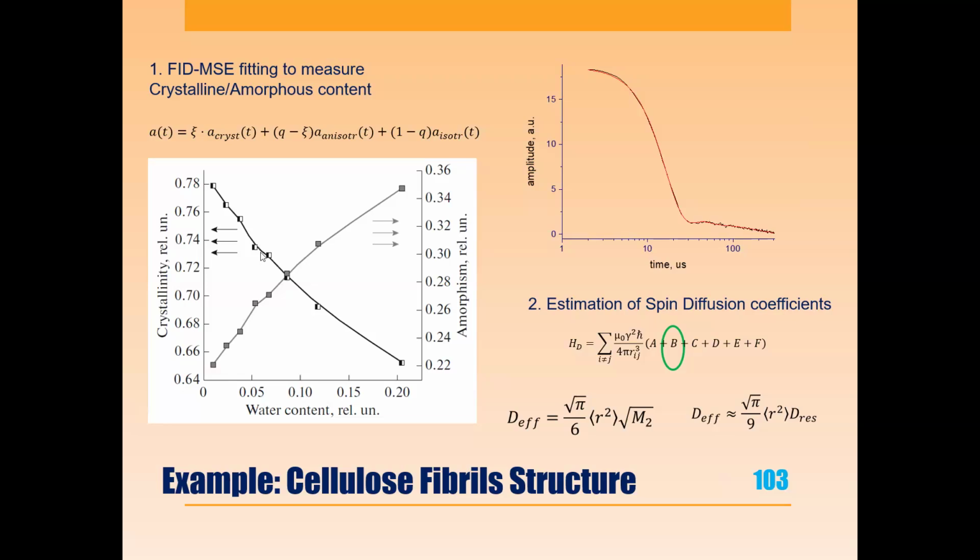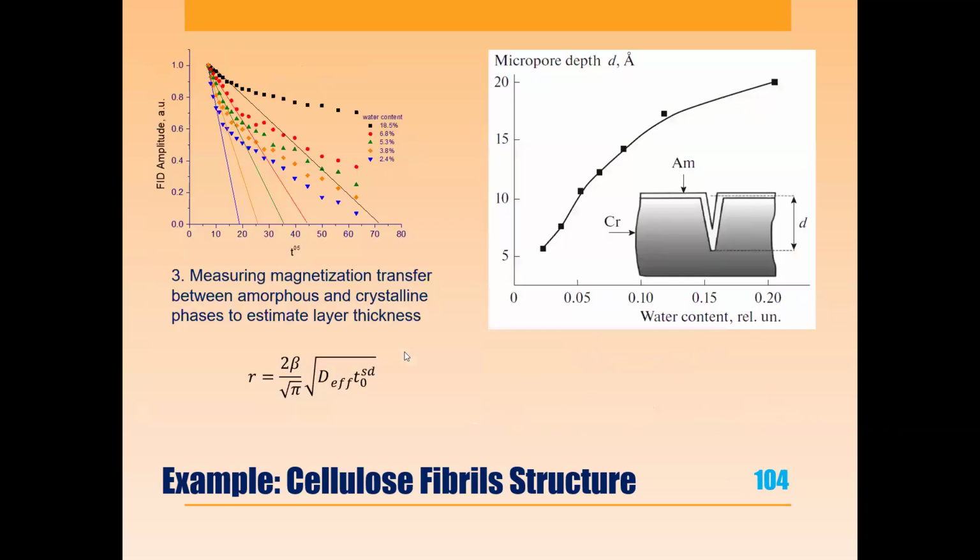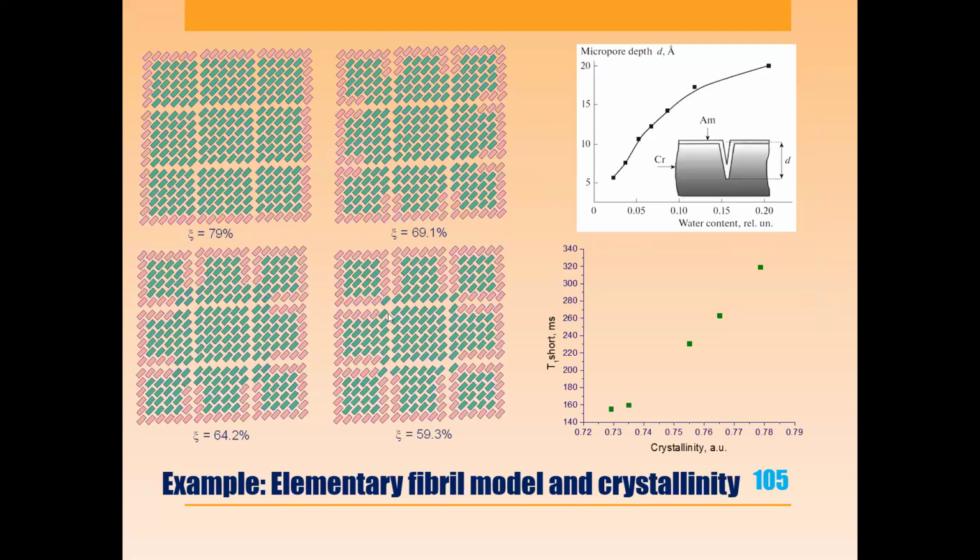When the humidity is increasing up to 20%, we observe a penetration depth of just about the dimension of elementary fibrils, and the amount of amorphous part is growing dramatically.